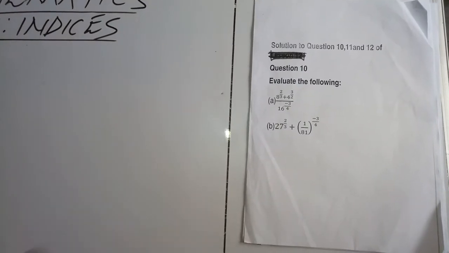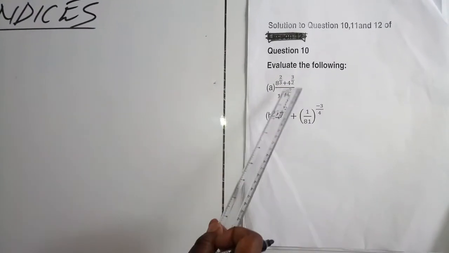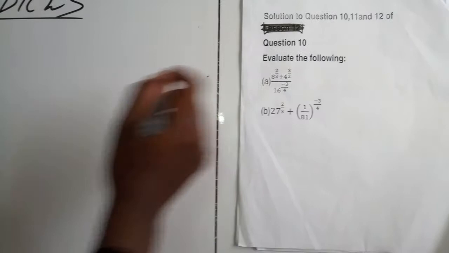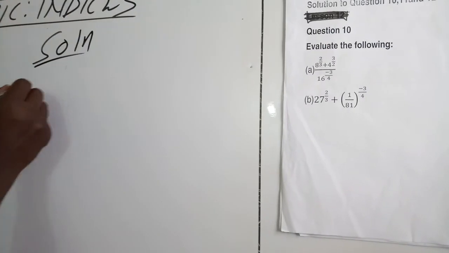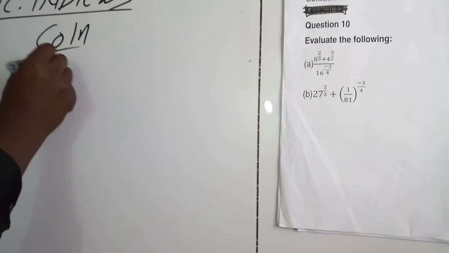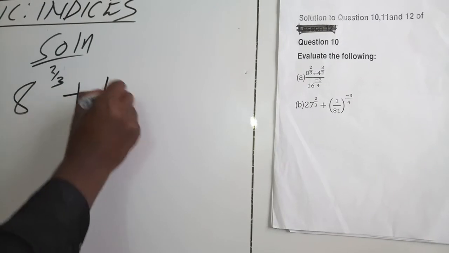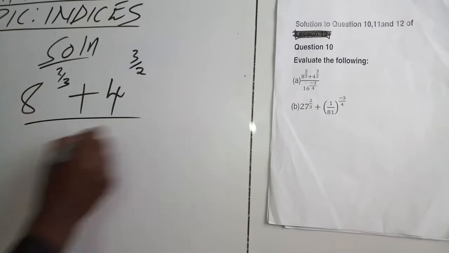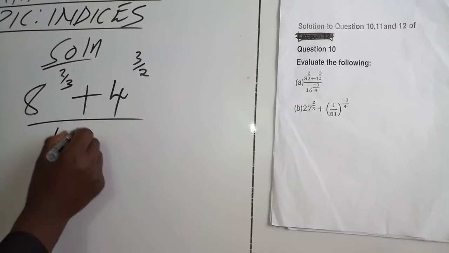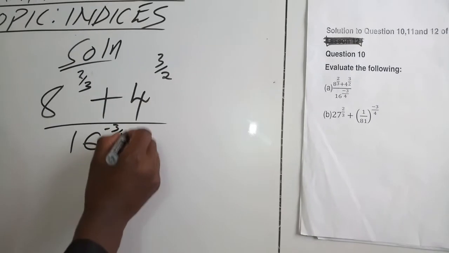Now, the first question is this: evaluate the following. So part A, we have, of course, 8 raised to power 2 over 3 plus 4 raised to power 3 over 2 over 16 power negative 3 over 4.